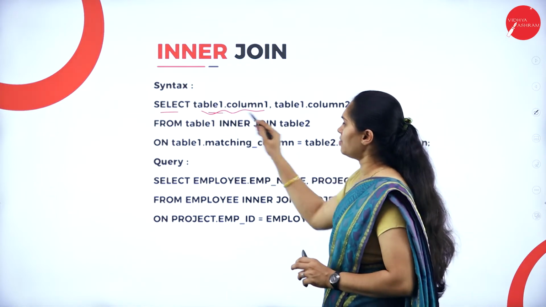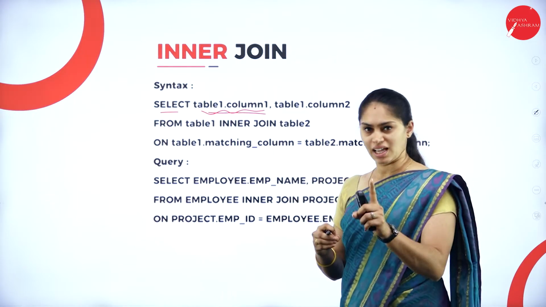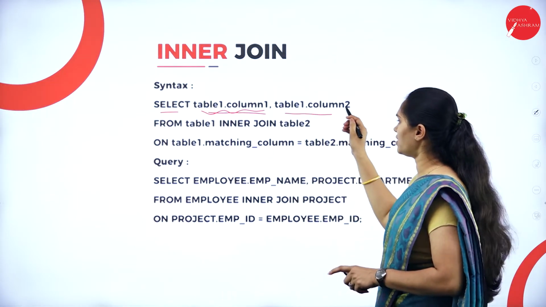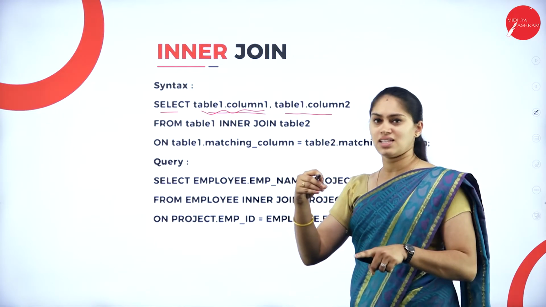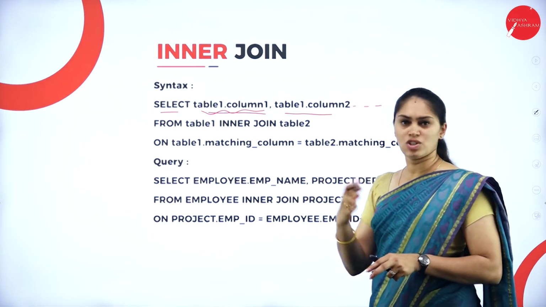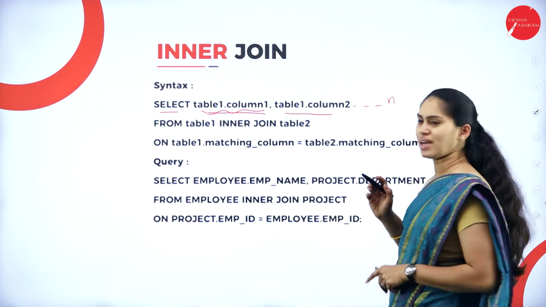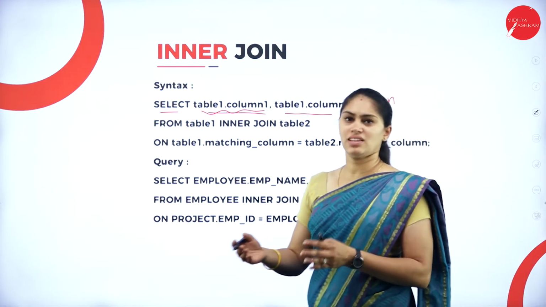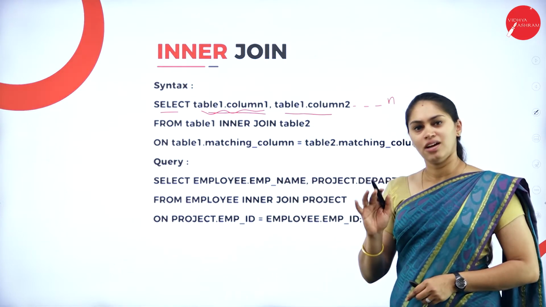So table1.column1, I am taking the first column from table 1, comma table1.column2, I am taking the second column from table 1 itself. That means I can have any number of columns here. It's not only 2 columns. You can take any number of columns, so the column can be n. If you want to take 3, the n value will be 3. If you want to take 5, then the n value will be 5 itself.